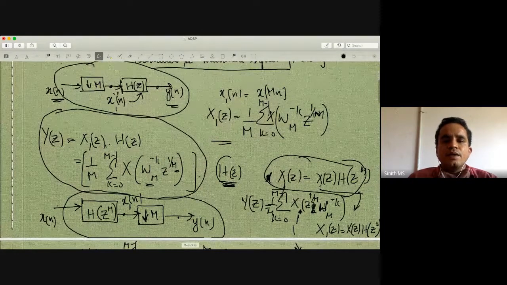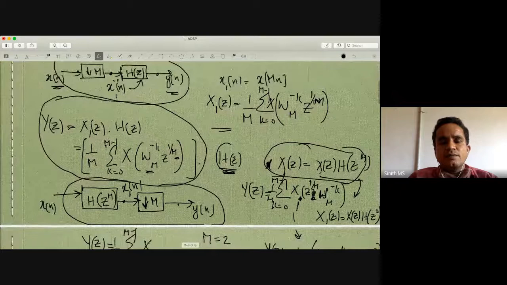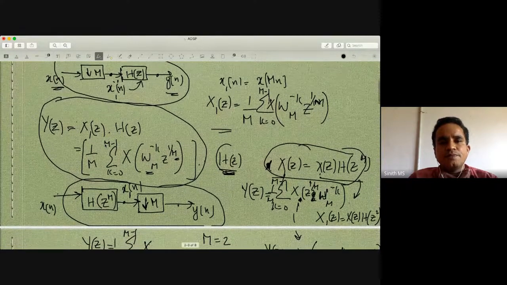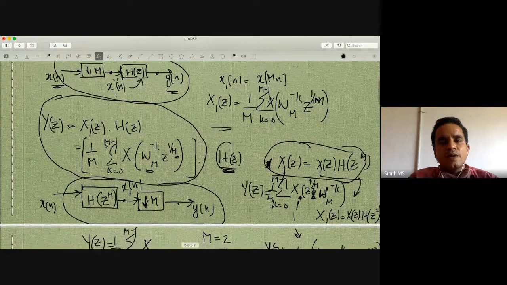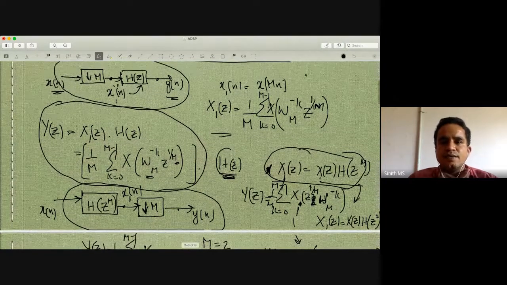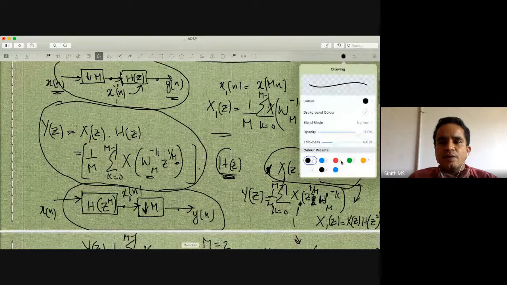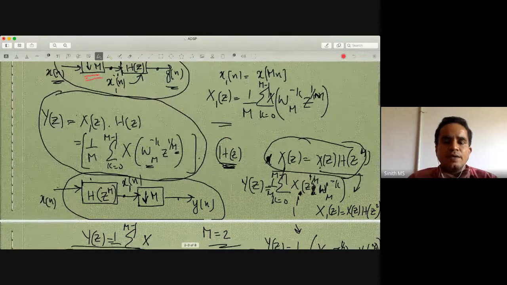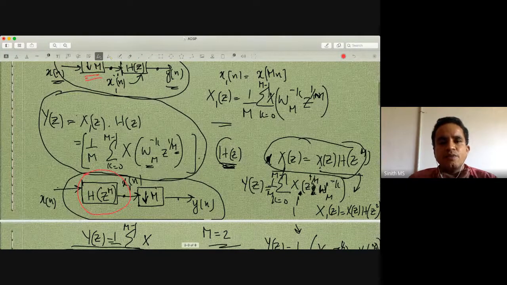So what you understand from this is that if you have a downsampler followed by a filter H(z) as indicated here, you get an output that is same as a filter which has H(z) replaced by H(z^M) followed by a downsampler.